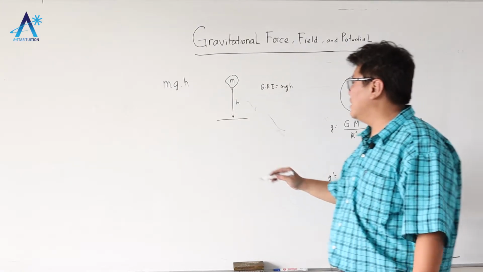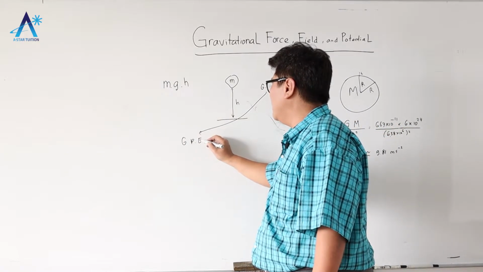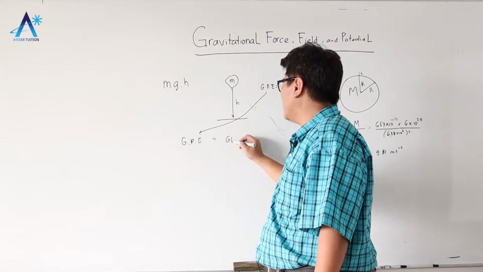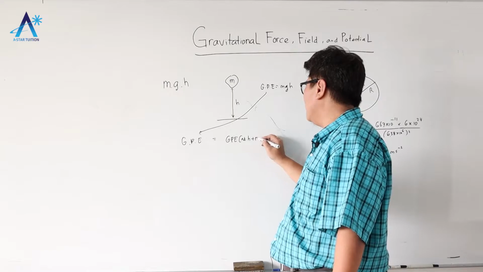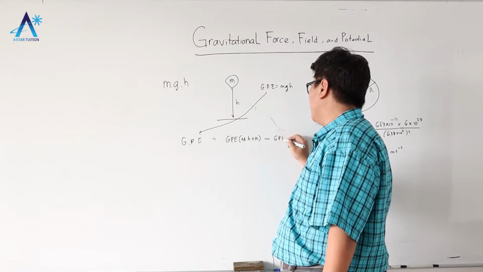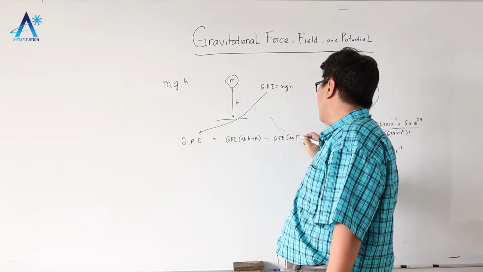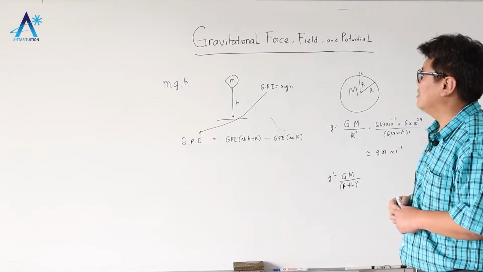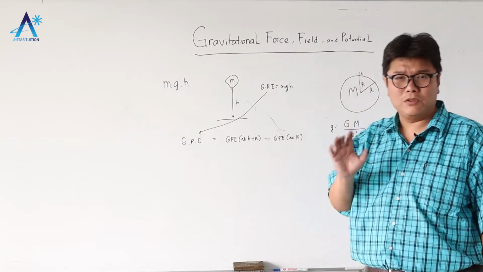In other words, in order to calculate this GPE, this is equal to the gravitational potential energy at h plus r minus the gravitational potential energy at r. Now, what is the general definition of gravitational potential energy?